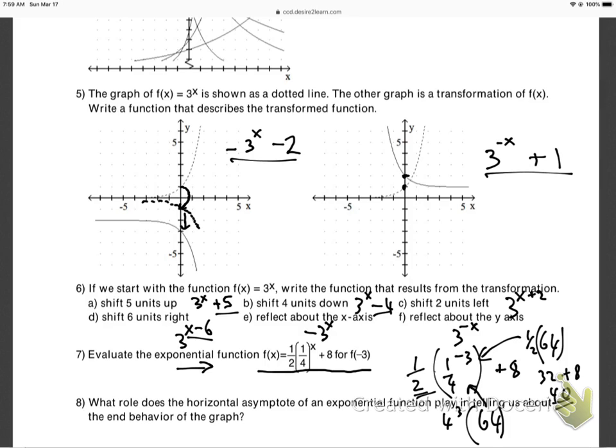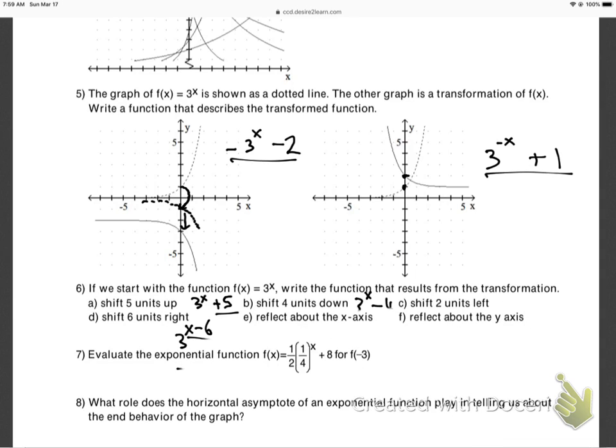Now then, this is a kind of interesting question at the bottom. I will actually just answer this. Sometimes I don't bother doing these calculation ones, especially as it's not part of the homework. But what role does the horizontal asymptote of an exponential function play in telling us about the end behavior? Well, here we go.